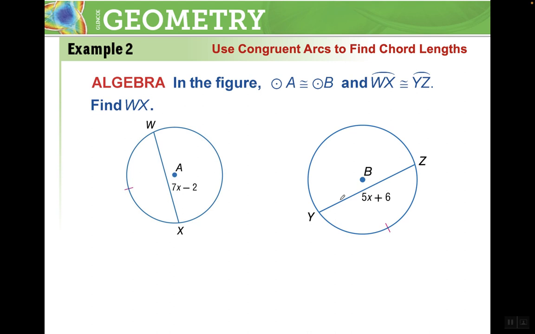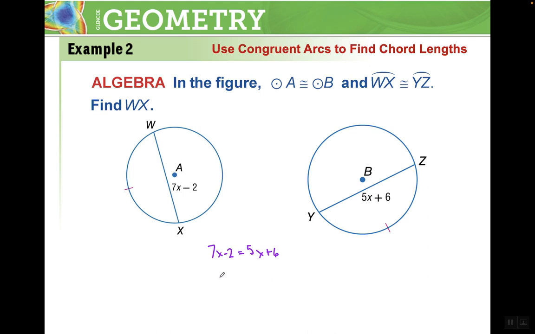Okay, on this one, it says the arcs are congruent, so it tells you arc WX and arc YZ are congruent measures. Therefore, we know that the chords are equal. So we need to find the length of chord WX. So since they're equal, we will set 7x minus 2 equal to 5x plus 6.